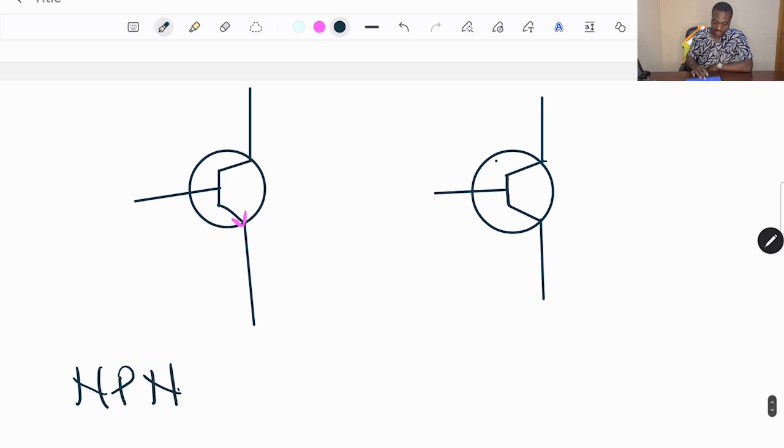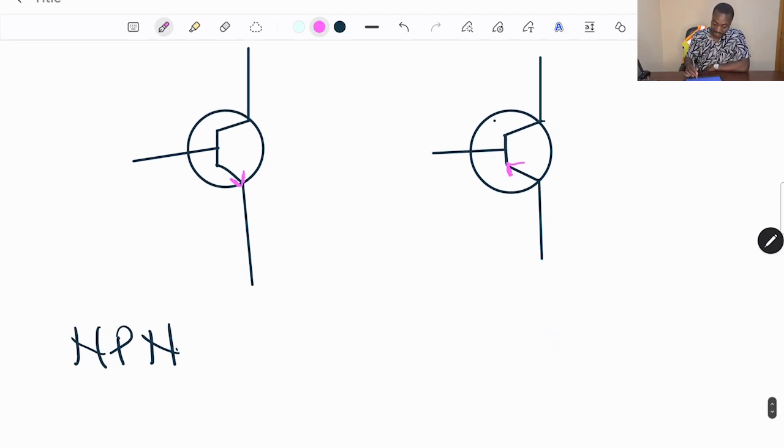So this is the symbol for NPN. And when it comes to PNP, the current is entering the emitter. So we refer to this as PNP.